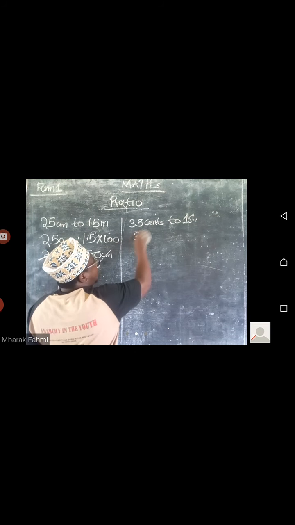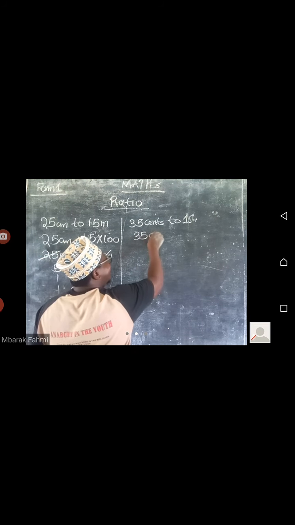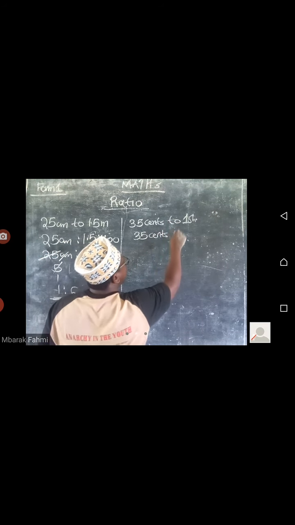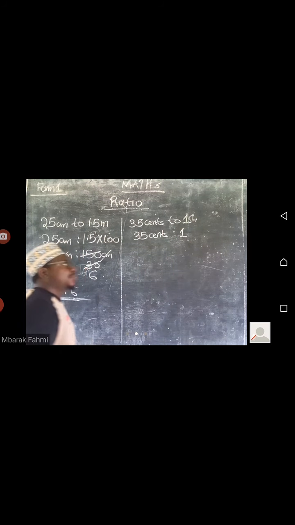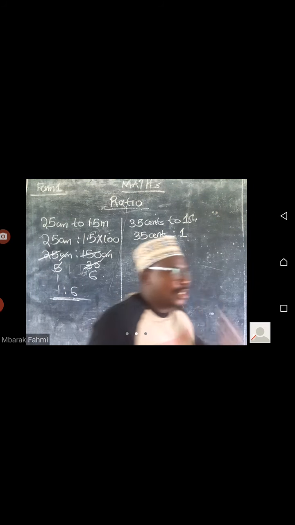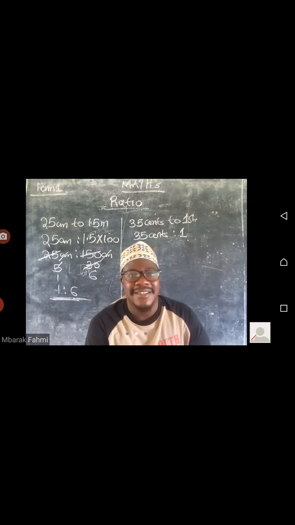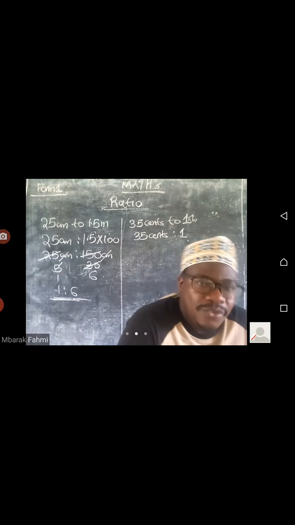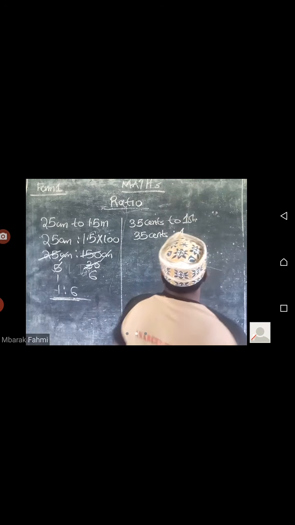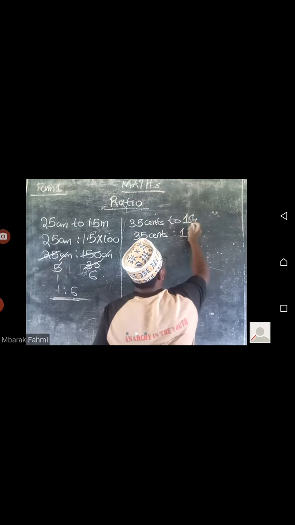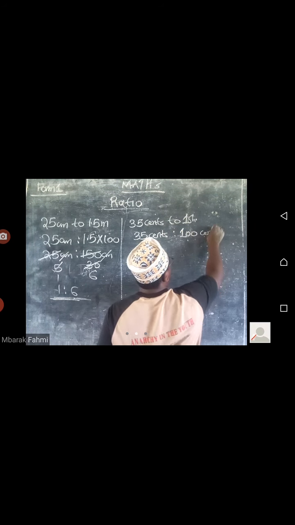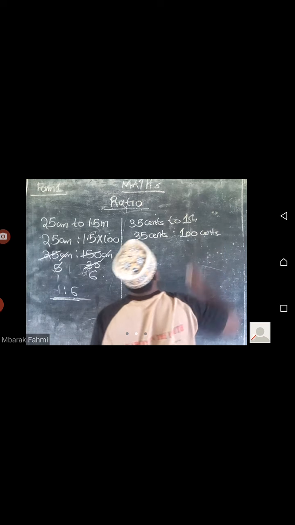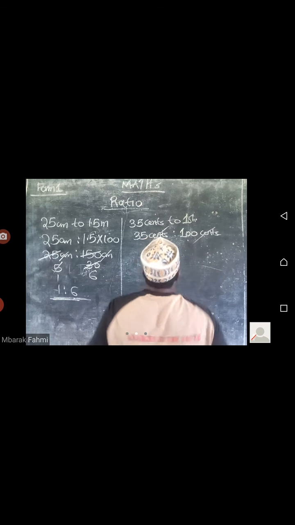So this one is the same as 35 cents is to 1 shilling converted to cents, because 1 shilling is how many cents? 100 cents. 1 shilling is 100 cents. So from there now, cents can cancel.